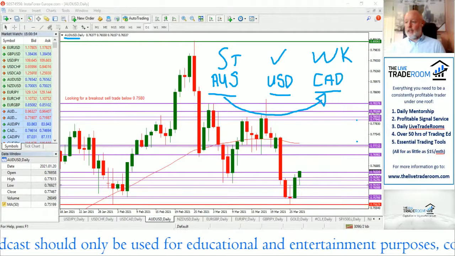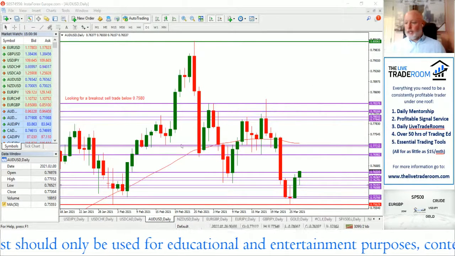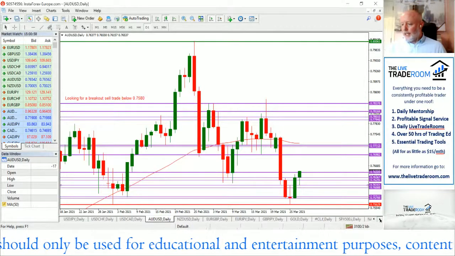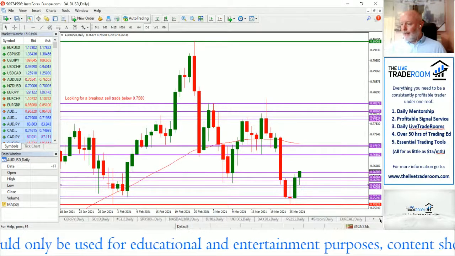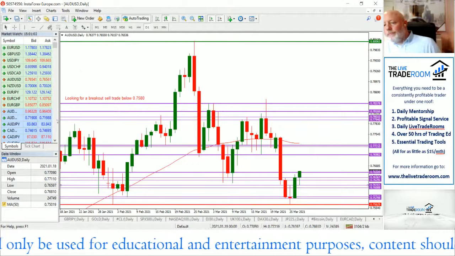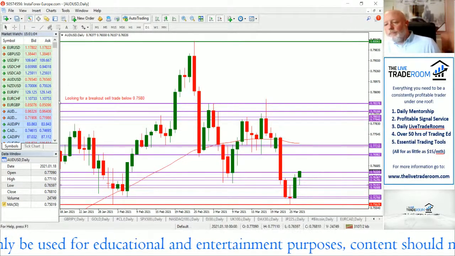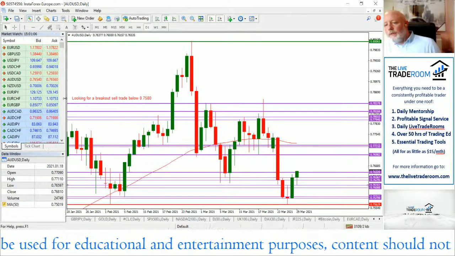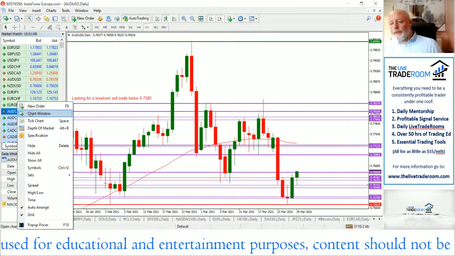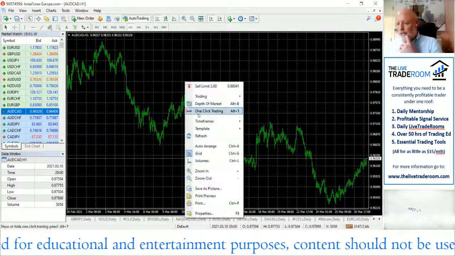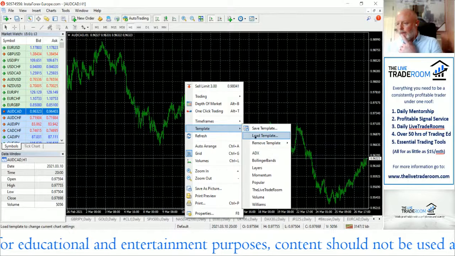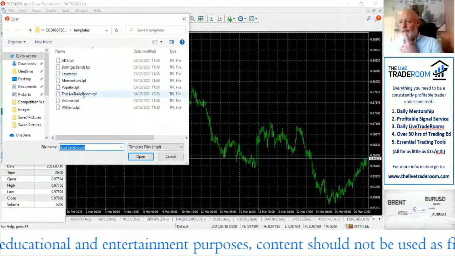And with that information, in fact, I'll tell you what, I'll just take it down for a second. Let's get your chart up, the Aussie CAD. Okay, so just bear with me a couple of seconds and we'll get this up on screen. So you want to load the template.